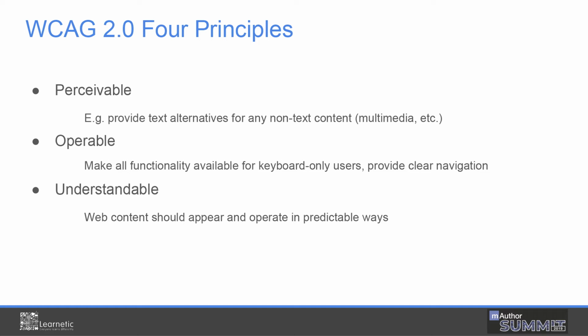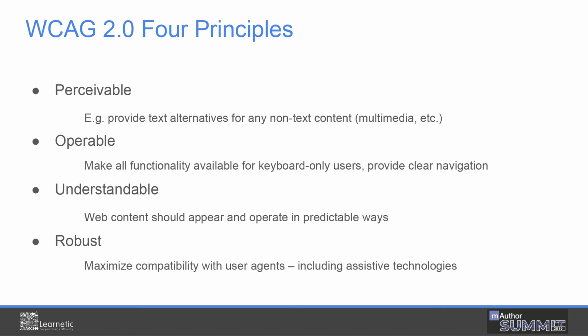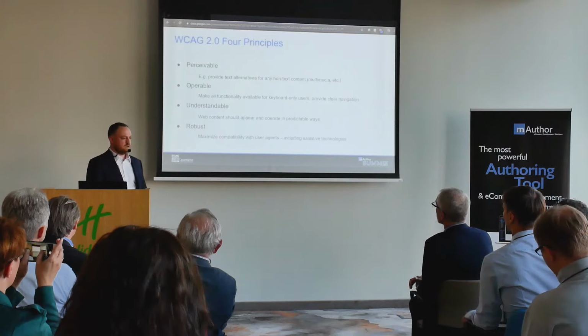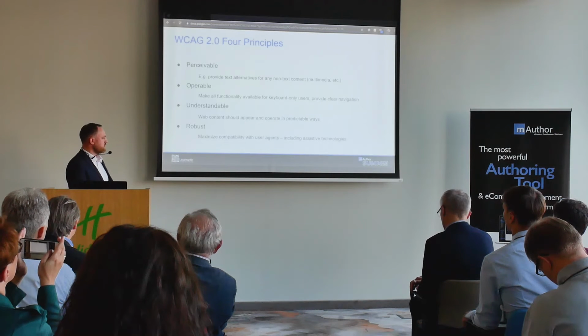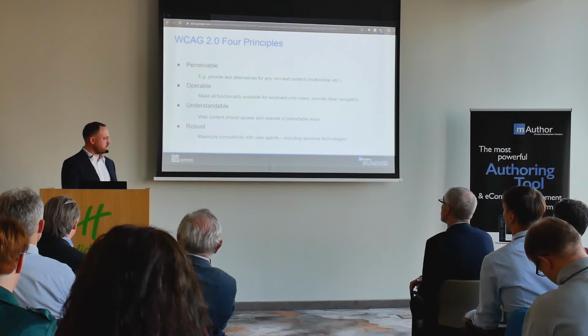Understandable means the content should be predictable and operate in predictable ways. And the last one is robust, which means we have to maximize compatibility with user agents other than traditional web browsers. This includes assistive technologies like screen readers.